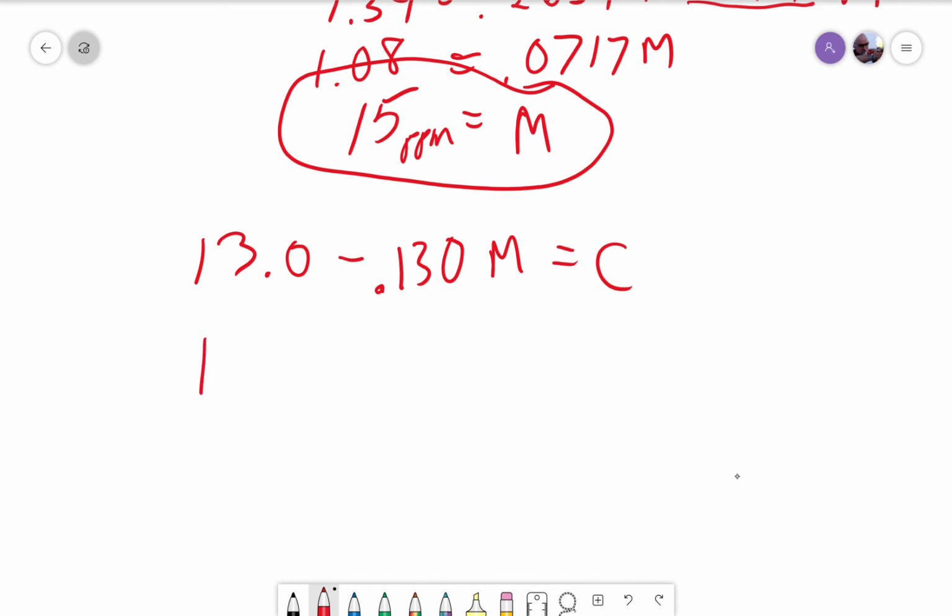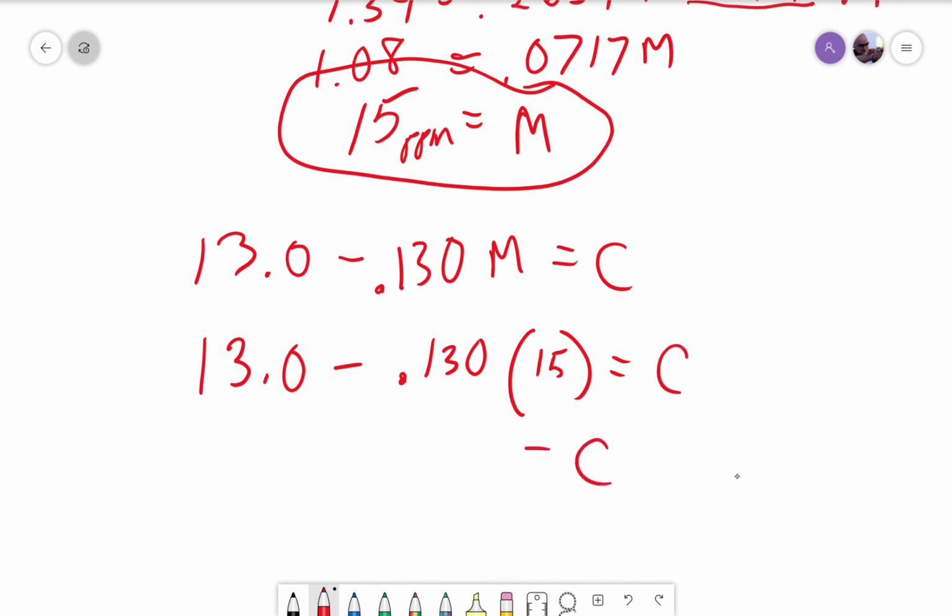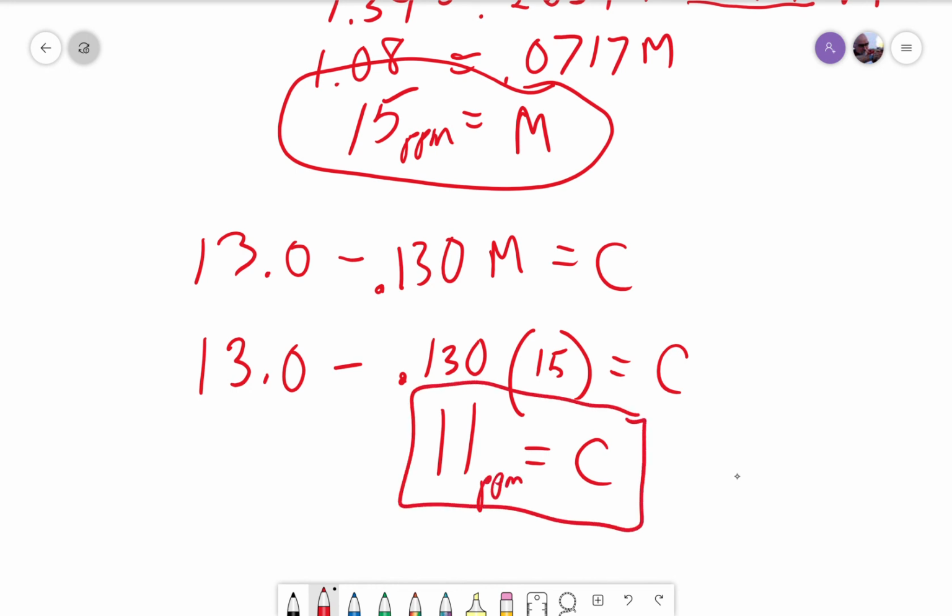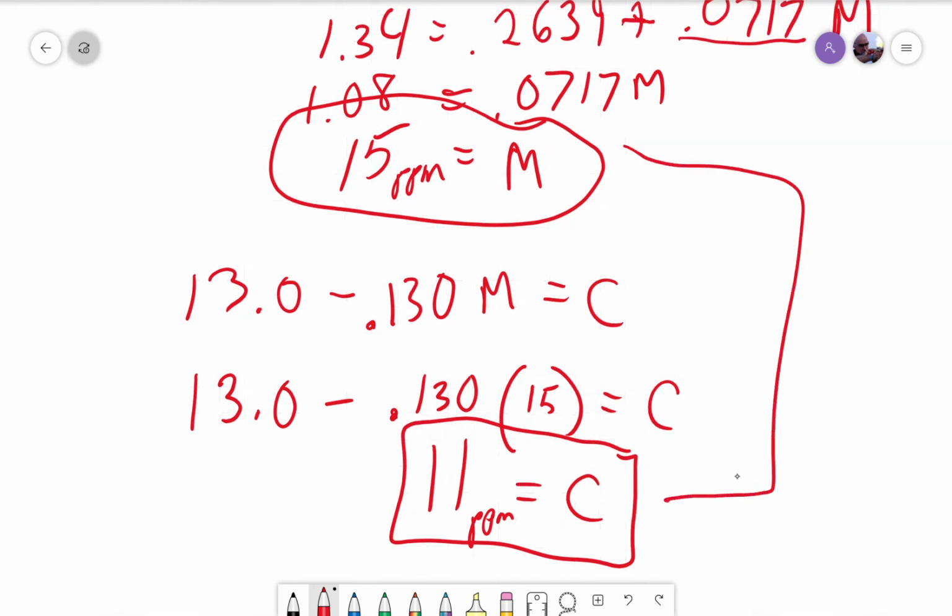If I substitute that back in, 13.0 minus 1.30.